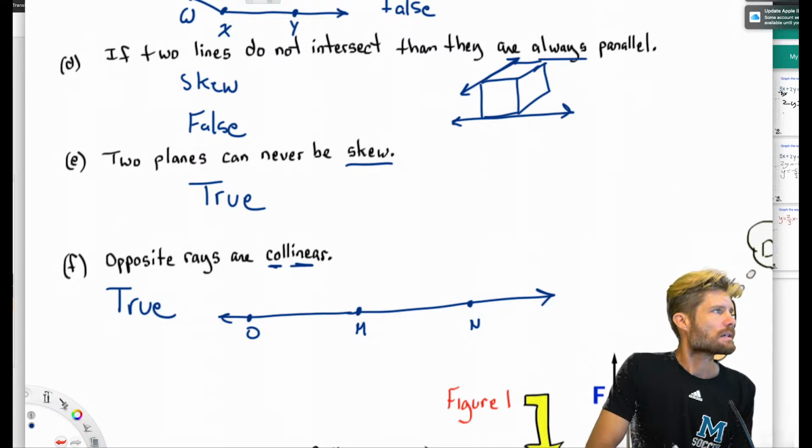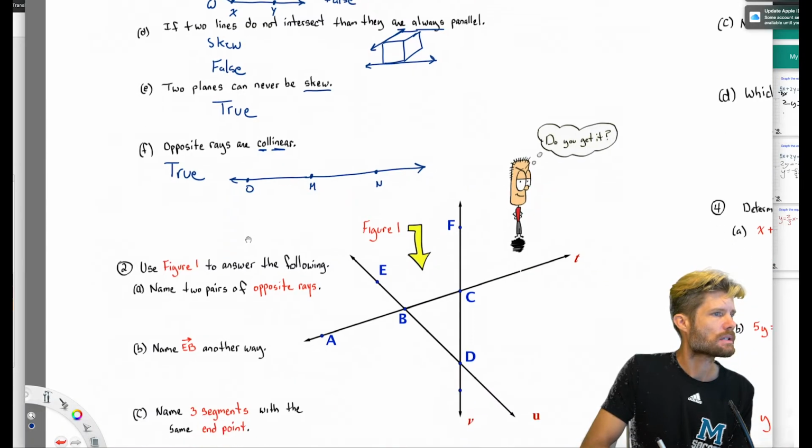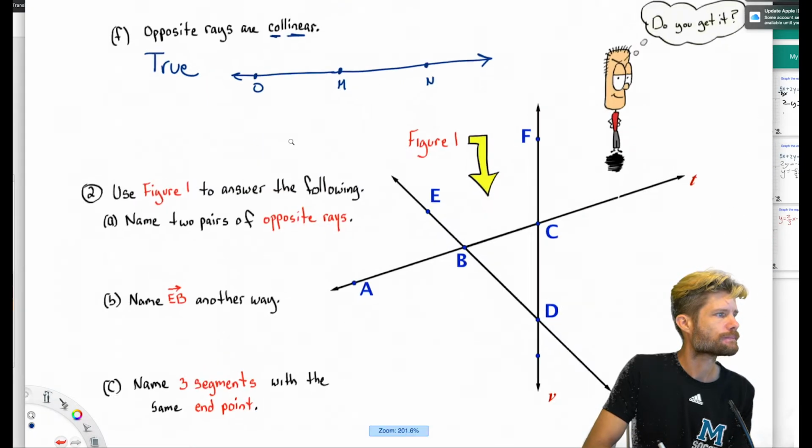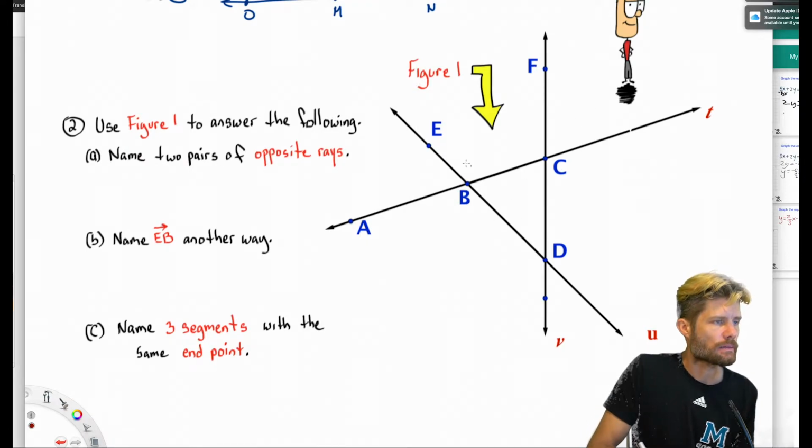Okay, so that is number 1. Let's take a look at number 2. We're using this figure here. Name two pairs of opposite rays. Okay, there are a couple different ones we could use here. How about we go with B? So we could say BE.